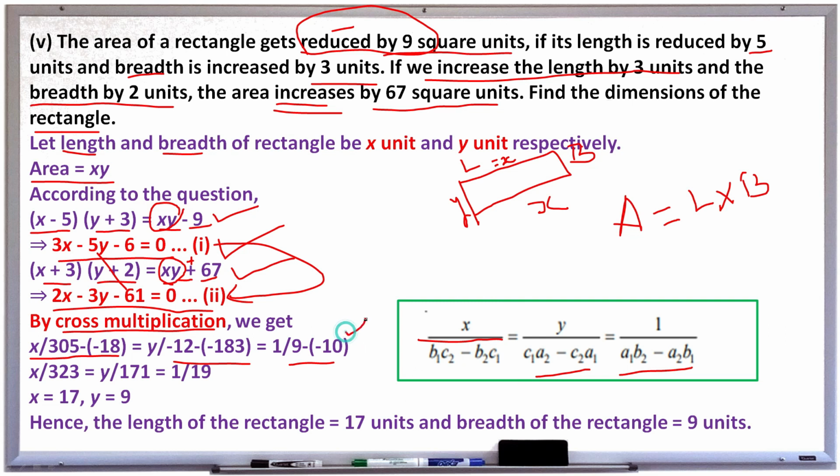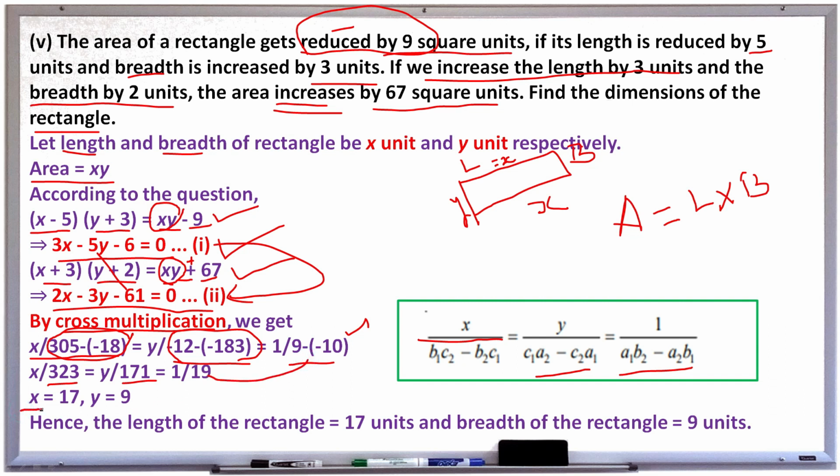Apply the value. By simplifying this denominator, you will get 327. Next y denominator, if you simplify, you will get 171. 9 minus of minus will become plus, so 9 plus 10, it will become 1 by 19.